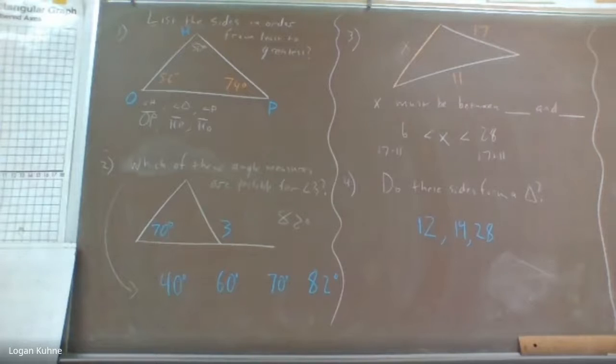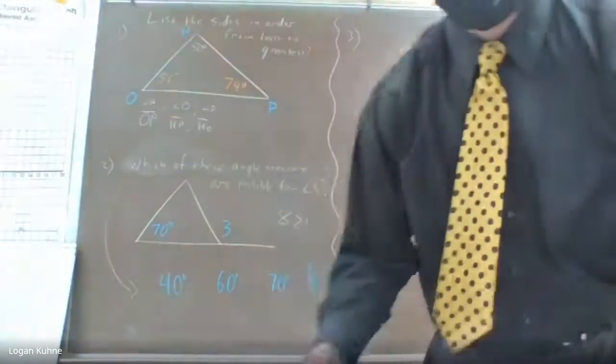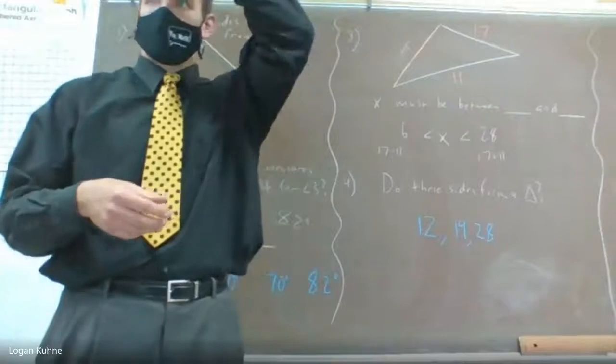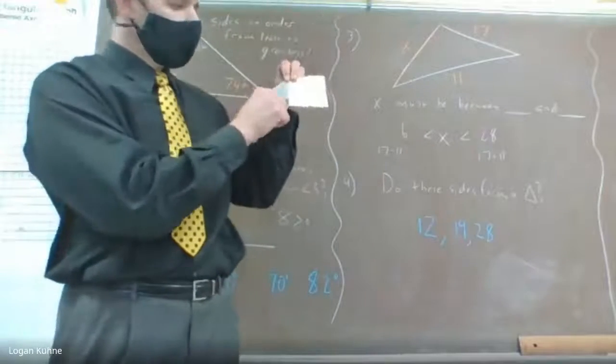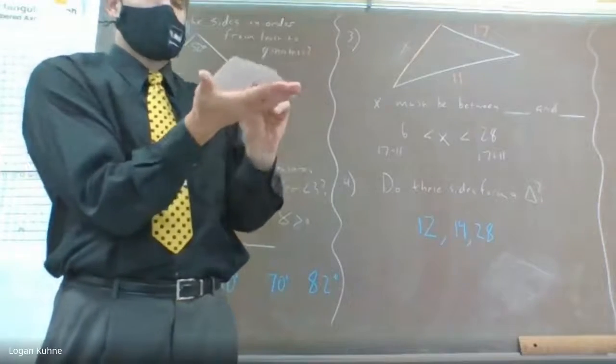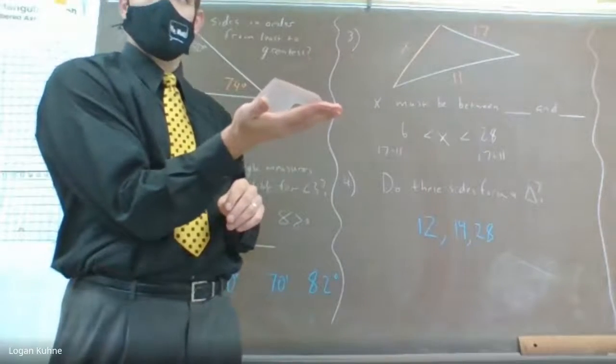I got a pretty good demonstration for that in just a moment. All right, next. Here's a cool demonstration for it. Ready? Okay? If this is 11 and this is 17, right now it's making a triangle, correct?